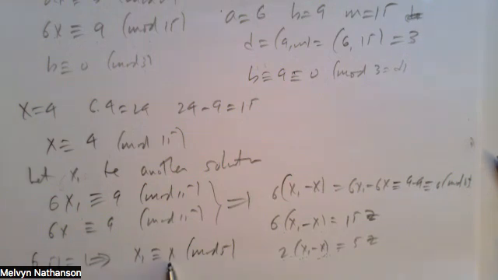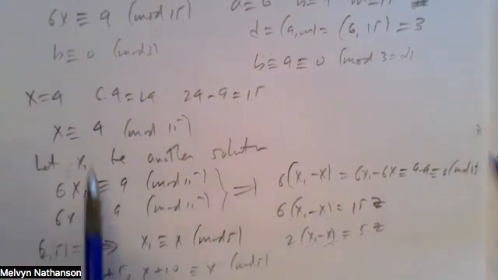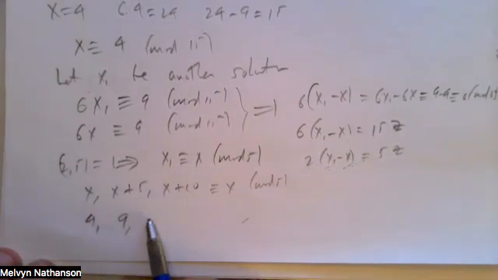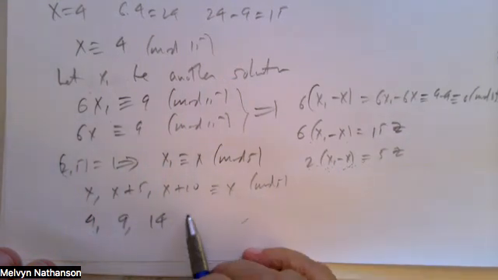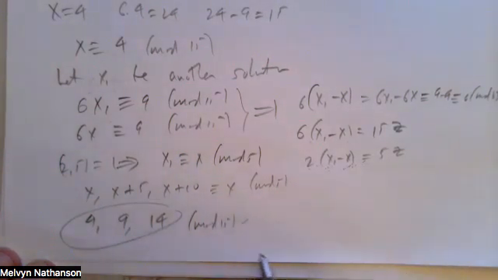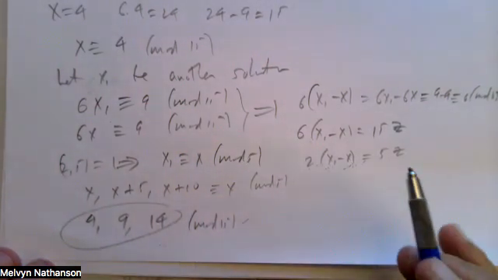So what numbers are congruent to x mod 5? x plus 5, x plus 10 are all congruent to x mod 5. So if x equals 4 is one solution, I get 4 plus 5, 4 plus 10, 14. These are different congruence classes mod 15. And each of these is also a solution.